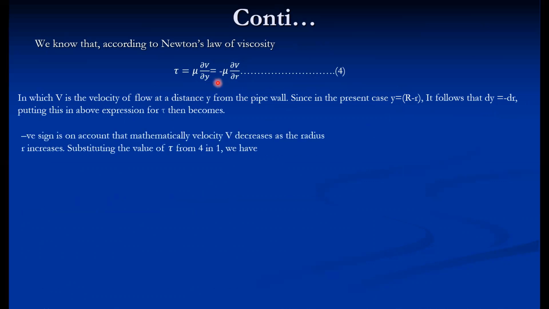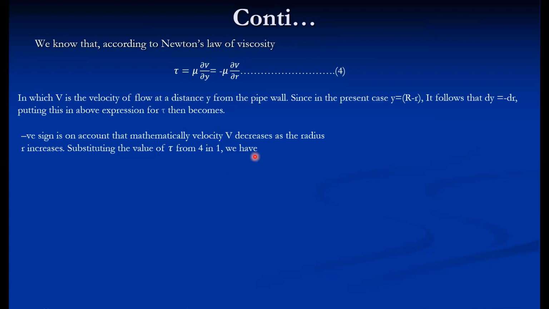The negative sign is on the account that mathematically velocity decreases as the radius r increases, so as we move towards the pipe wall, velocity decreases. That is the interpretation of this negative sign.